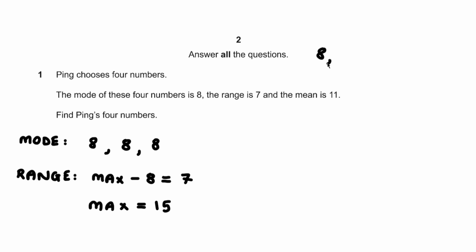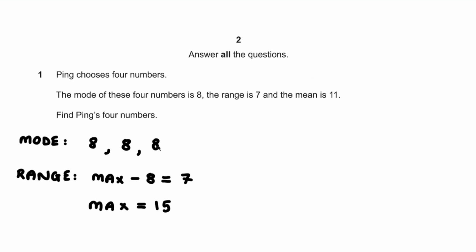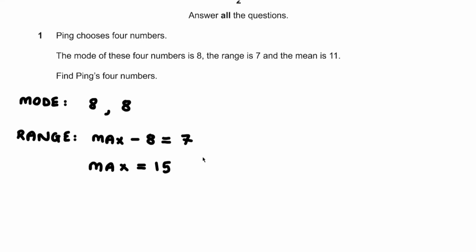If I have 8, 8, 8 and 15, will this give a mean of 11? Well, clearly not, because if I do 8 plus 8 plus 8 plus 15 and then divide by 4, I will not get 11. So that means there must be 2 8s. So we've got so far 8, 8 and 15.